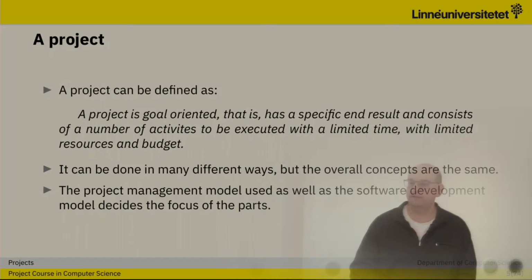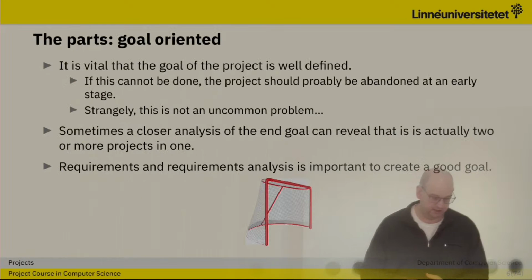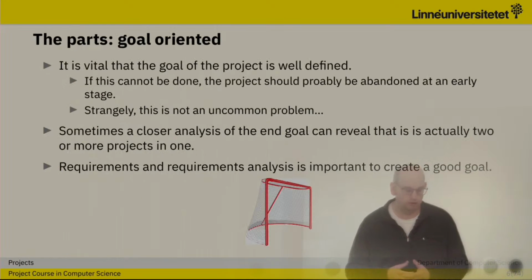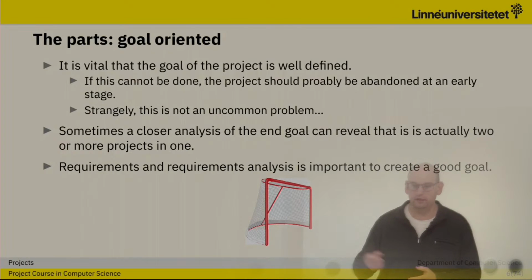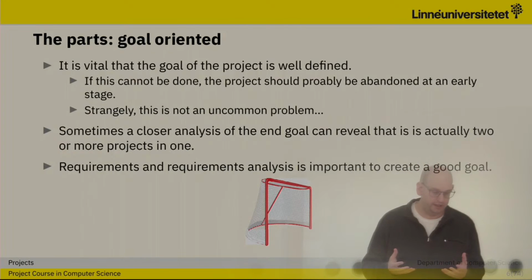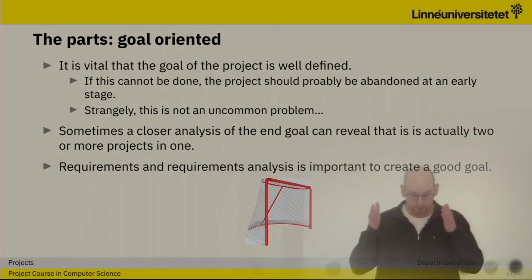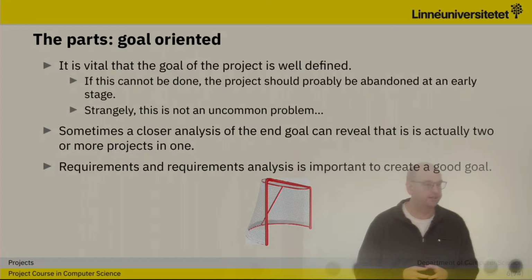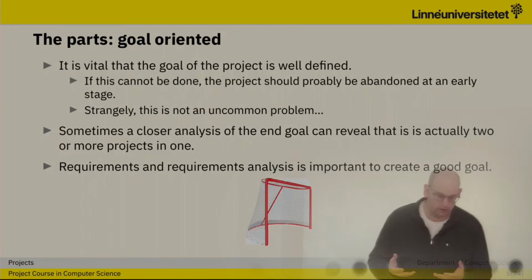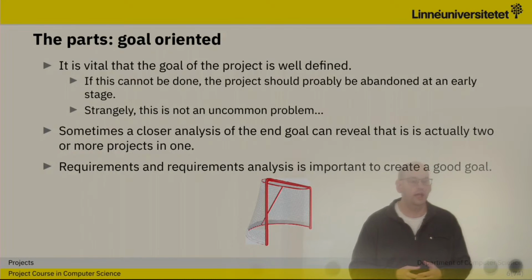So if we look at the different parts, we can say that, as I said previously, it's goal-oriented, and that's a goal, meaning that we need to have something pretty well defined that we point our eyes to, and that we know is what we at least intend to achieve.